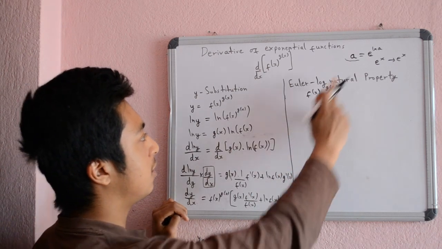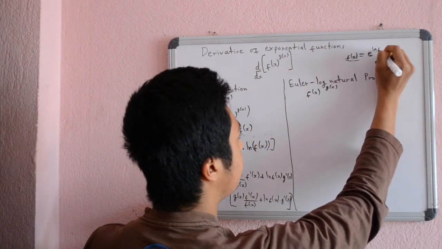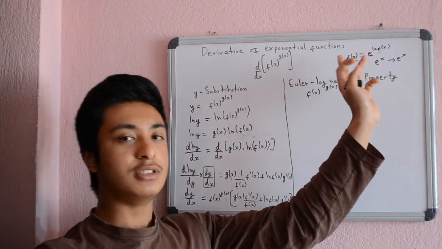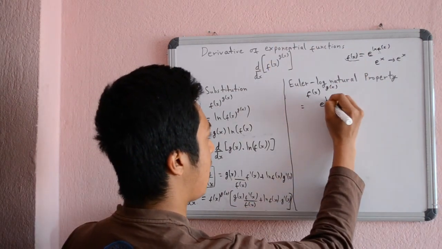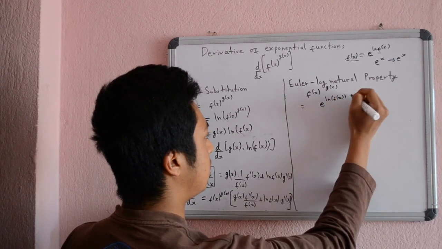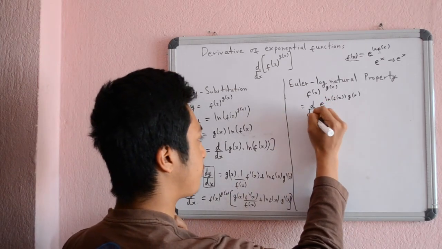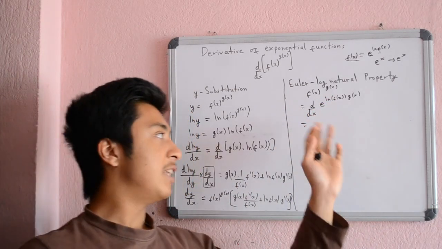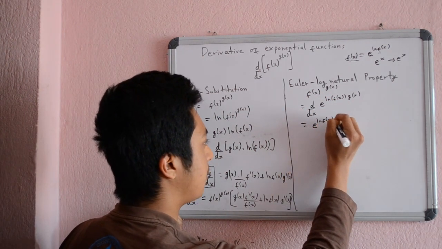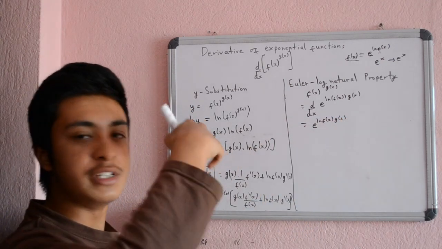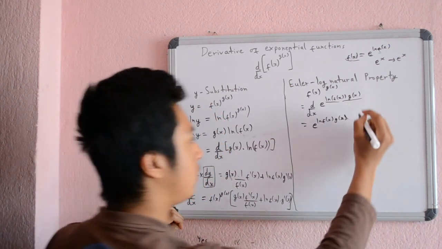So f(x), let a equal f(x), simply replace that and you can see f(x) is just e to the power ln f(x). So this is e to the power ln f(x) to the g(x), and now we have to differentiate this. When you differentiate e to the power of something, you always get e to the power of something back like this, and then you have to differentiate the power over here, following the chain rule.